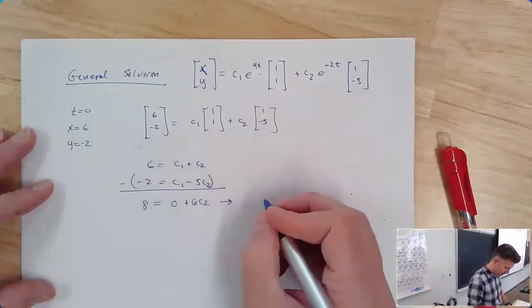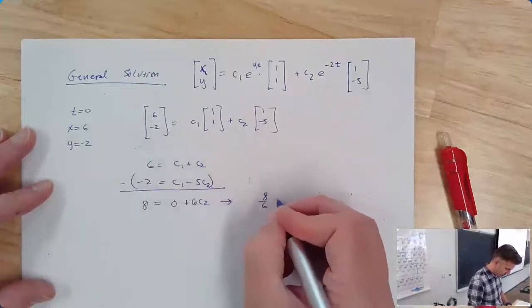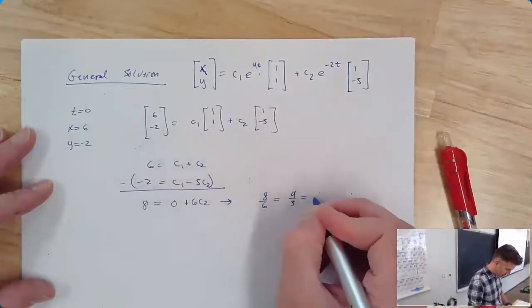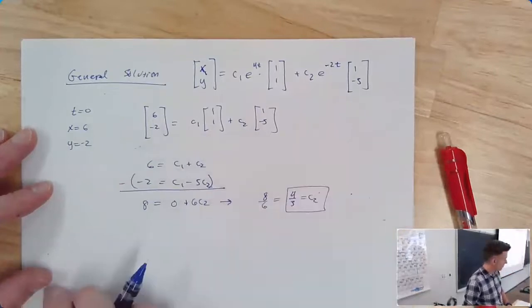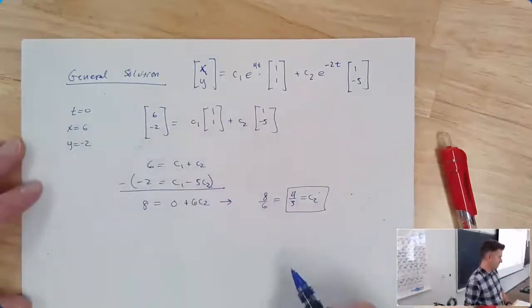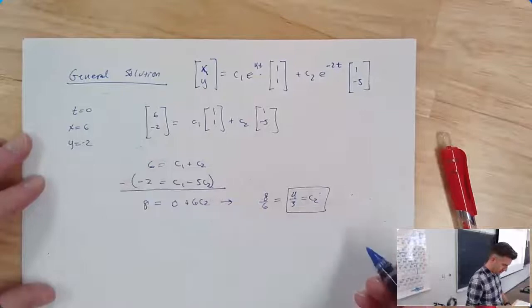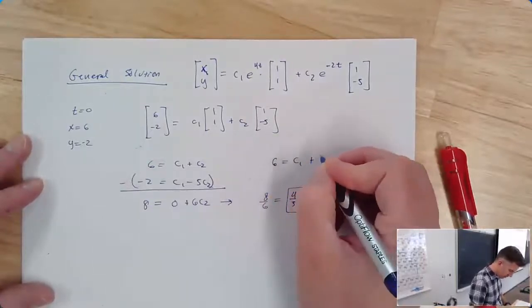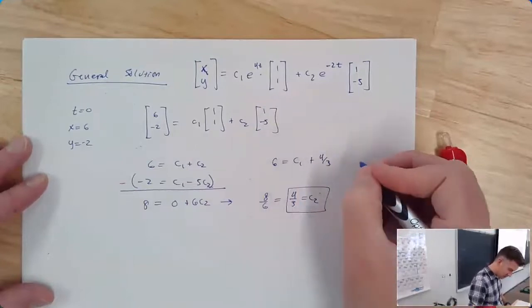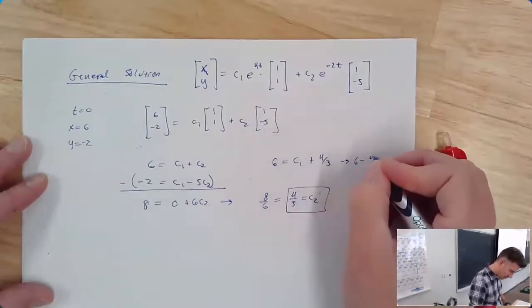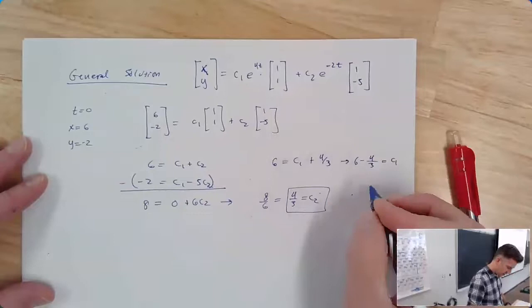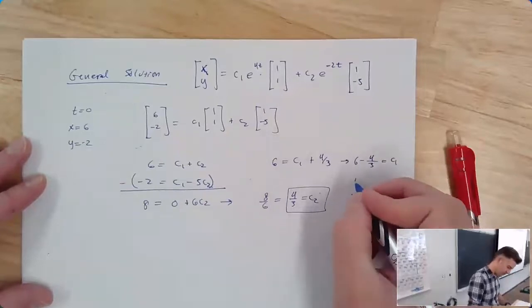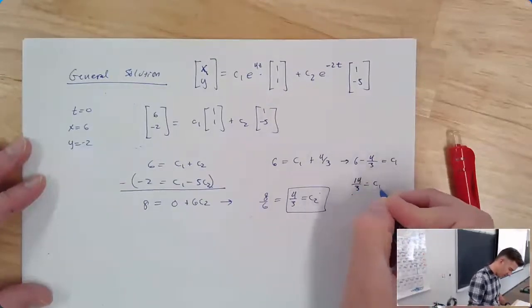So I end up getting 8 over 6, which is 4 over 3, equal to C2. Then you can plug that back into either equation. I'd plug it into the first one: 6 equals C1 plus 4/3. So 6 minus 4/3 is equal to C1, and 6 is 18/3. So we have 14/3 equal to C1.